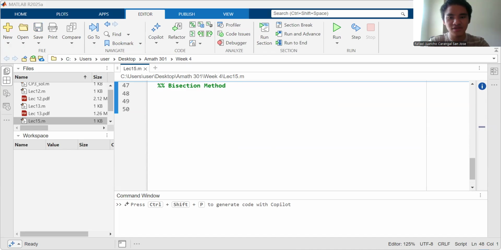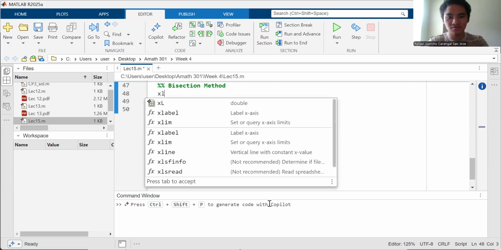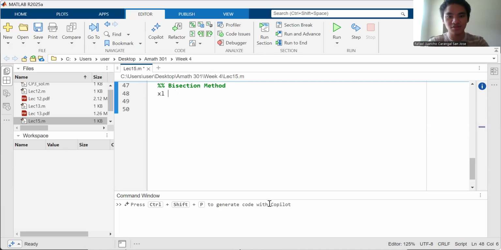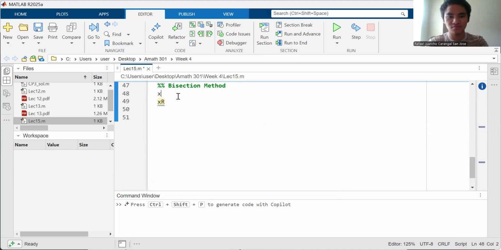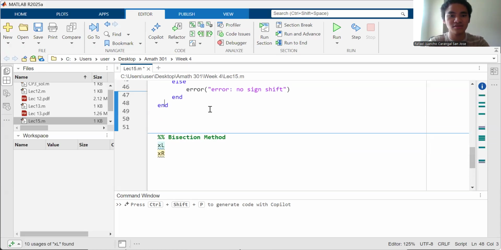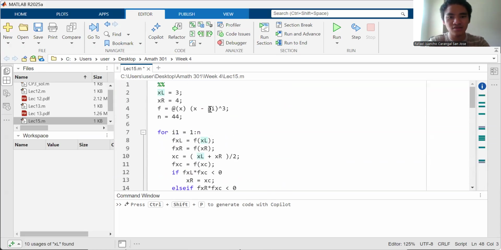The first thing we want is an XL and an XR, right? We want to initialize these two things, XL and XR. This could be any values, to be honest.